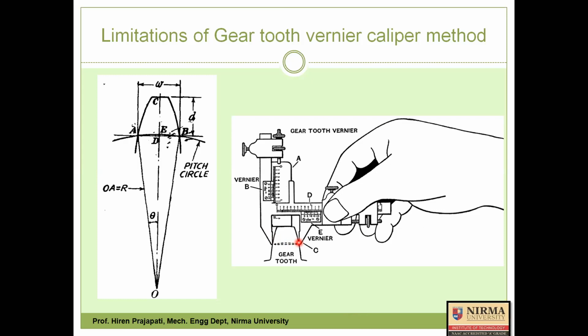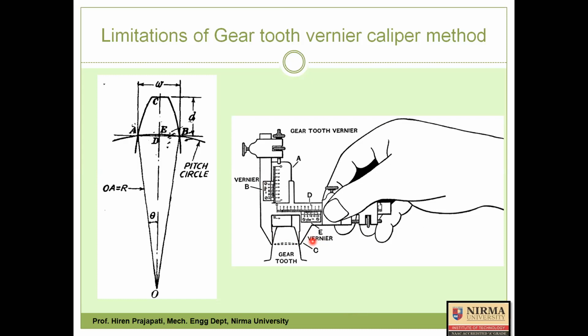If the module is the same, these two parameters, D and C, remain the same. So I can make this gear tooth vernier caliper a gauge for a particular module: set the constant chord depth on vernier B, lock it permanently, and then only operate vernier E for measurement of constant chord length.